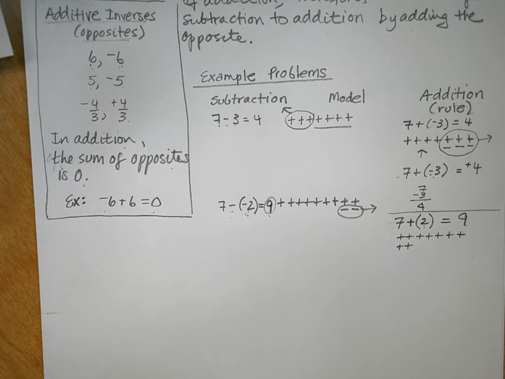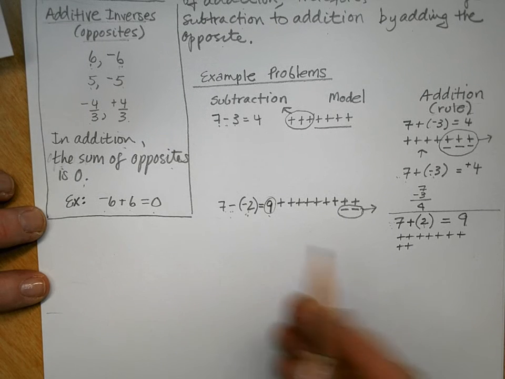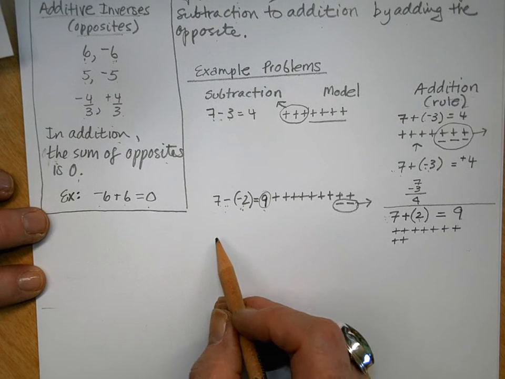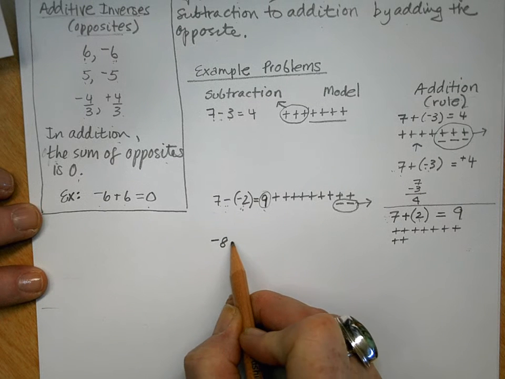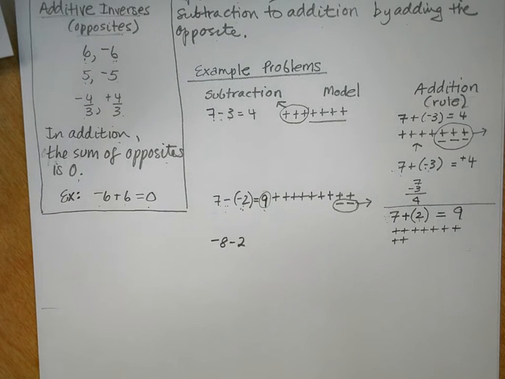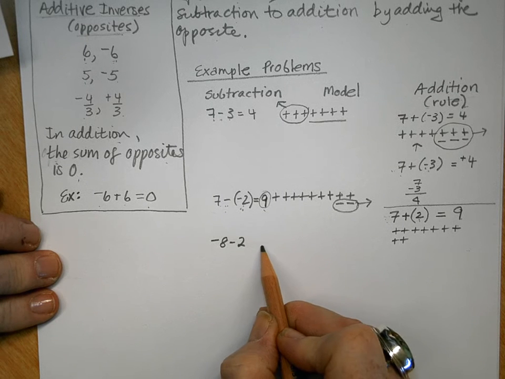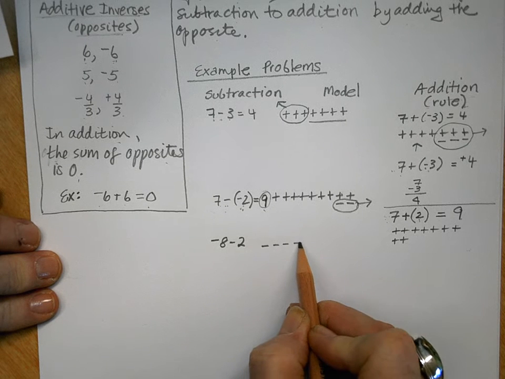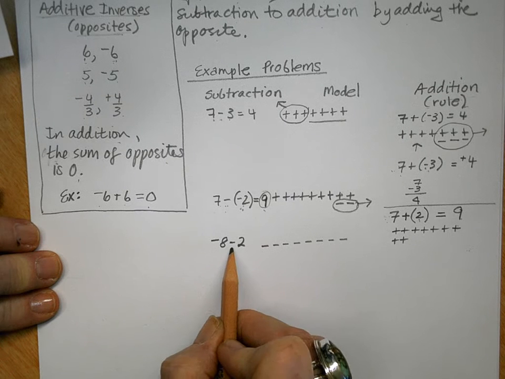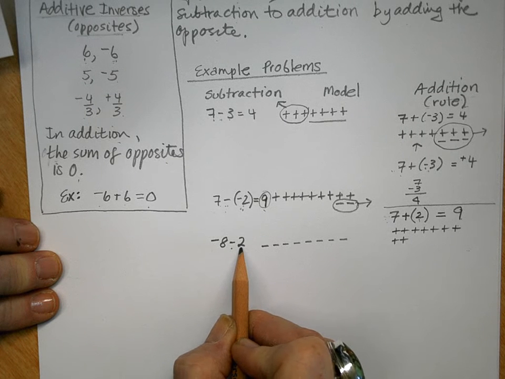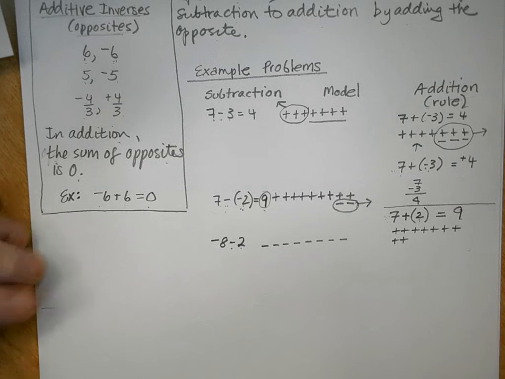I'm going to give 2 more examples. So first example, -8 minus 2. I can model this. Here's negative 8. 1, 2, 3, 4, 5, 6, 7, 8. I need to remove positive 2. I don't have positive 2. That means I need to add 0 to it.